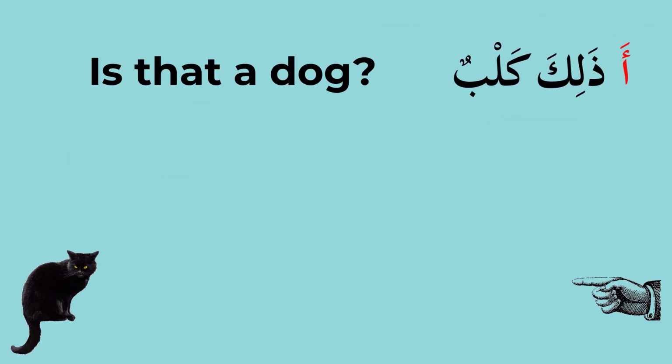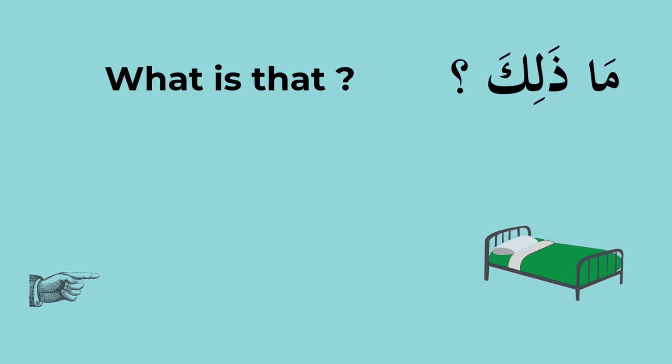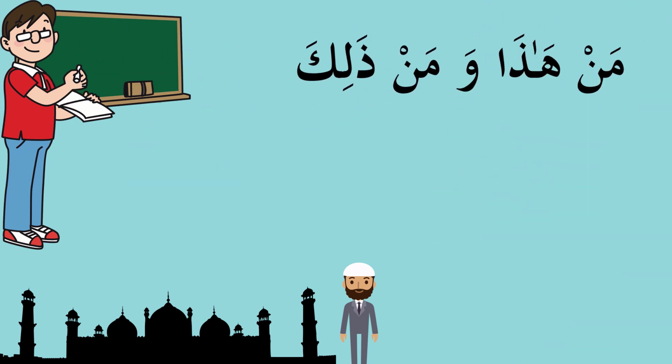So we are bringing hamza in front. Azalika kalbun? La. Zalika kittun. That is a cat. Okay. Ma zalika? Zalika sarirun. Now we come to human beings and we say, man haza wa man zalika.